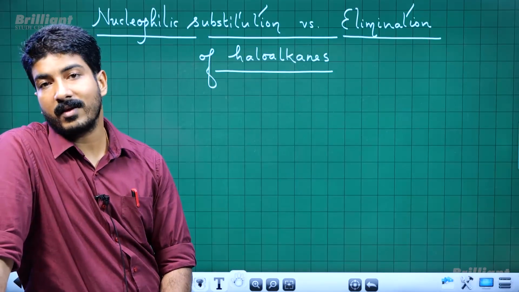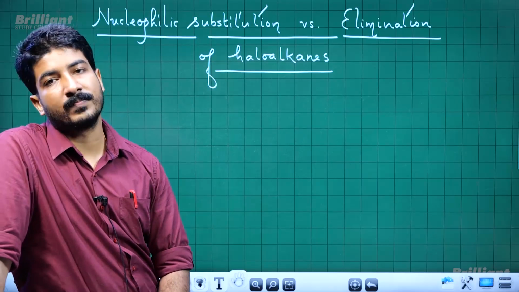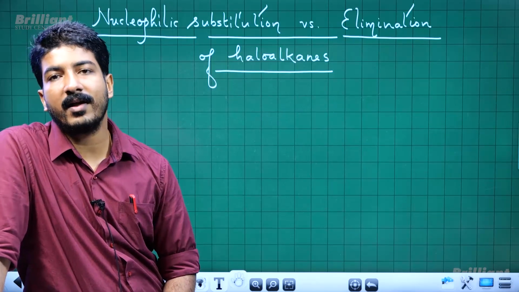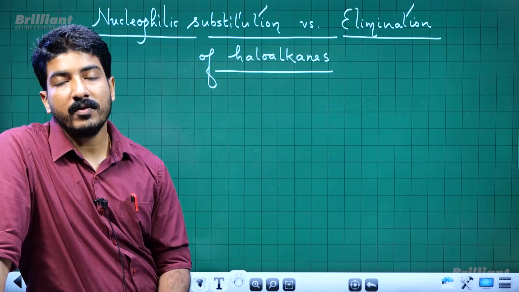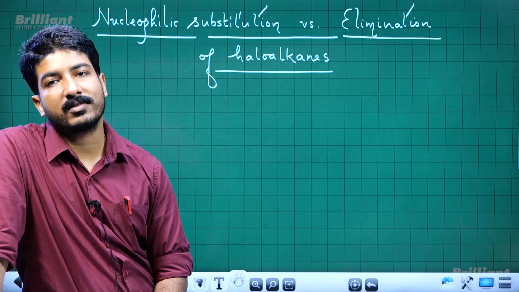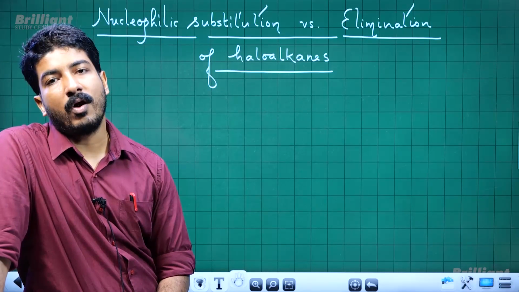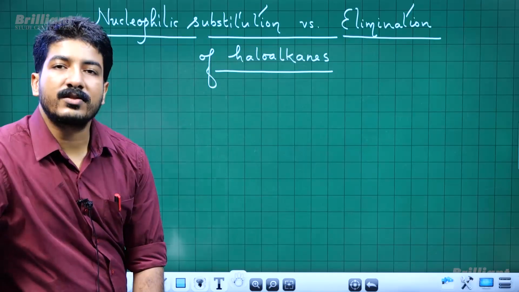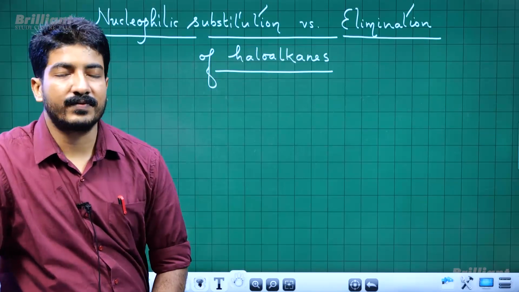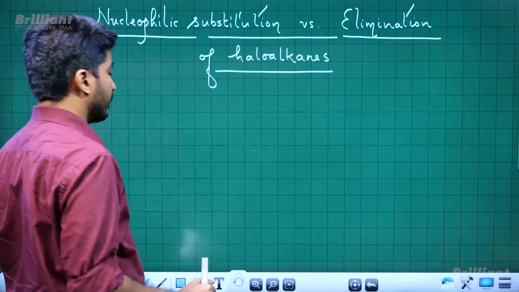They are less basic, less reactive, and stable also. Halides are stable, therefore halogens are good leaving groups. That makes nucleophilic substitution and elimination reactions very feasible on haloalkanes. These are the favorite reactions of haloalkane substrates.